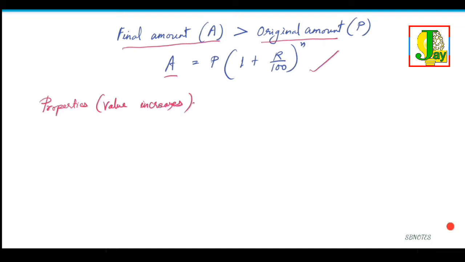Now if I ask you to list some properties people hold whose value increases over time, you may go across the properties you hold at your home.